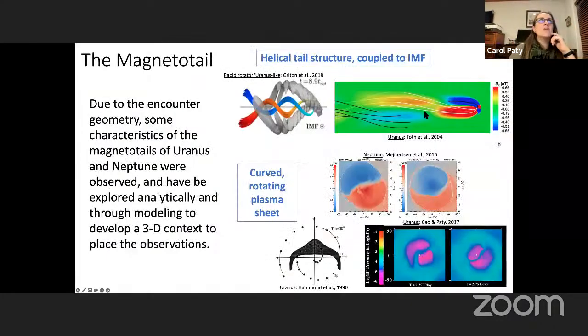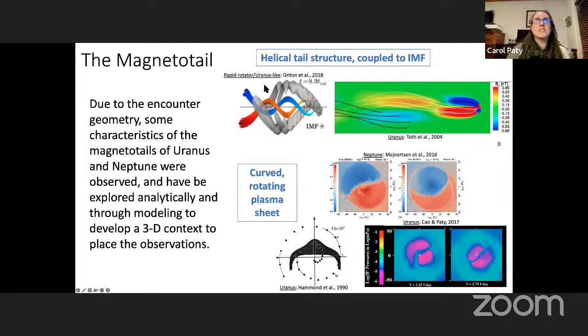And what we find is the magnetotail has a helical structure, which I think this image best illustrates, where blue is fields that are pointing away from the planet, in this case Uranus, and red, the fields are pointing at it. And as you move down tail, you get this helical twisting of that magnetic field structure the further you get away from Uranus.